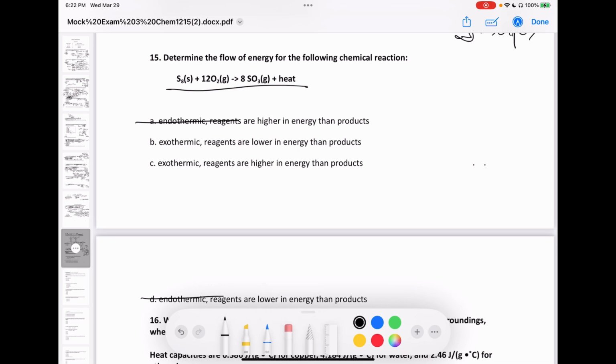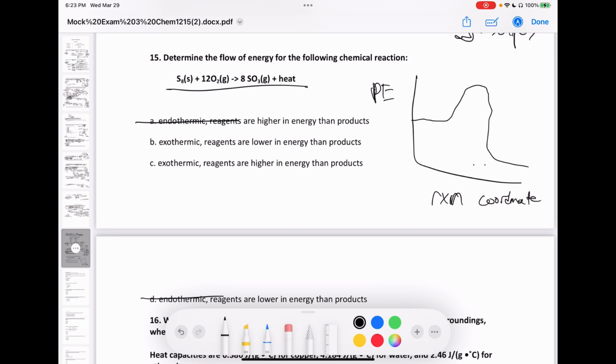Another way is, you guys have had to do this on a couple of worksheets, energy diagrams with the reaction coordinate or reaction progress, and the potential energy of the reaction. If the reactants start somewhere here, they come to a peak, and the products are lower, right? Because if we release heat, we're at a lower energy.